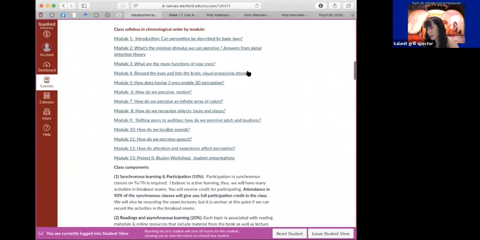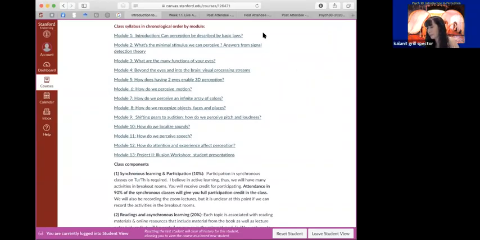The course is organized by modules, and the modules are accessible through the syllabus. And basically, this is how the course is going to be like. So the first 2 weeks are going to be general introduction to perception, how we measure perception behaviorally. Then that's modules 1 and 2.